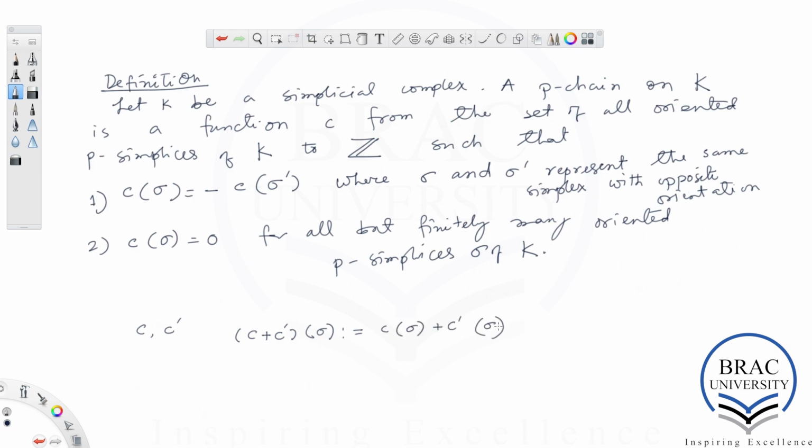It's just pointwise addition. So with this pointwise addition of p chains, the set of all p chains forms a group, because we have the additive inverse coming from point 1. So it forms an abelian group.